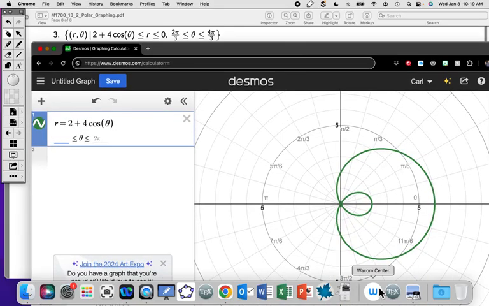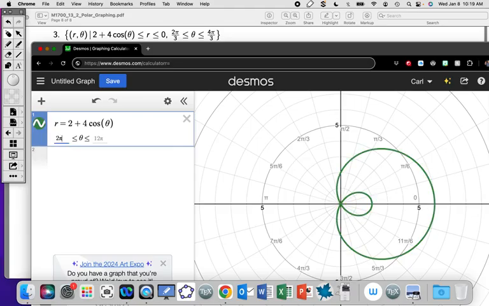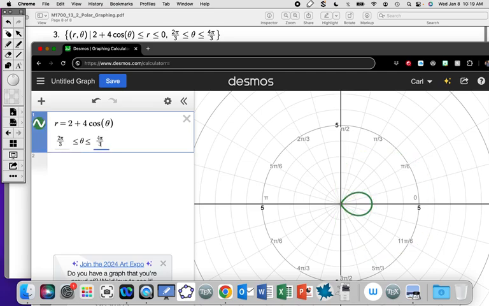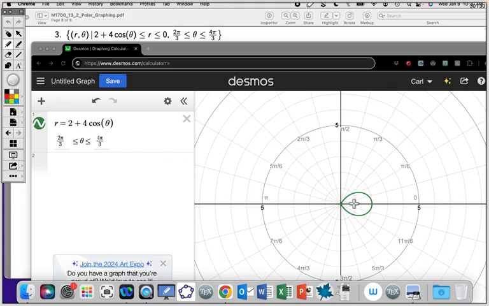All right. Now that inner loop is what was formed between 2 pi over 3 and 4 pi over 3. Okay, so that makes that inner loop. But for each of these values of theta, r is a negative number. Okay, so r is a negative number.